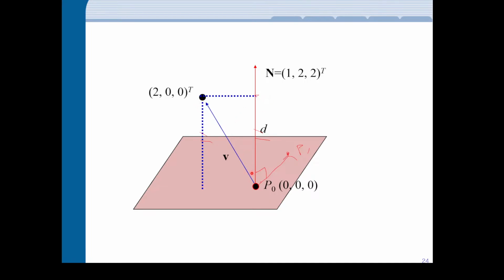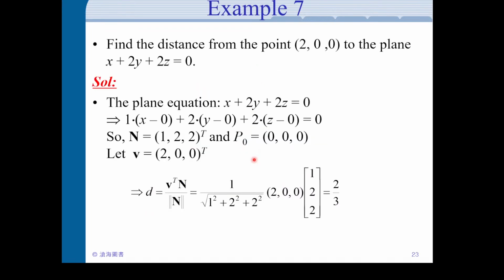So we do the projection of this vector onto this vector, which is n multiplied by the inner product between n and v divided by the length of n.